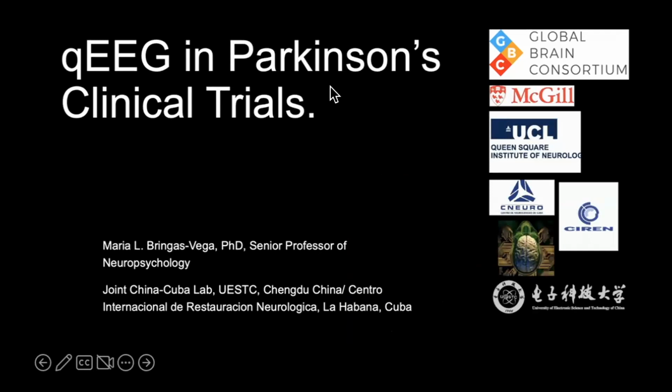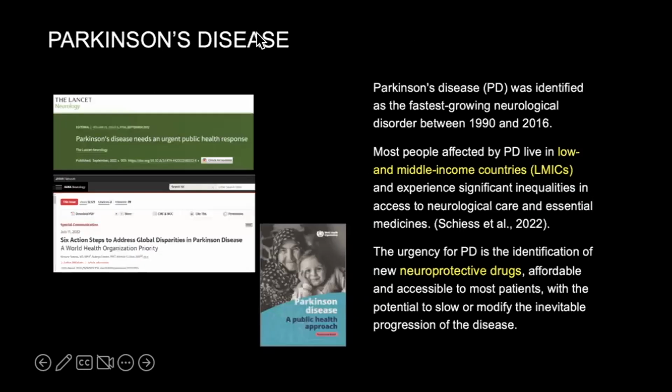Today, I want to present 2 examples of QEEG in clinical trials. I would like to start by mentioning that Parkinson's is, at this moment, one of the fastest growing disorders. But the main problem is that most of the people affected by Parkinson's live in low and middle income countries.